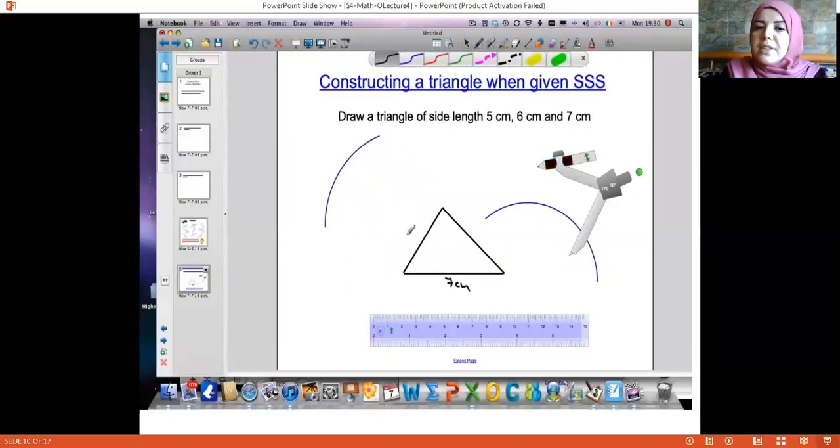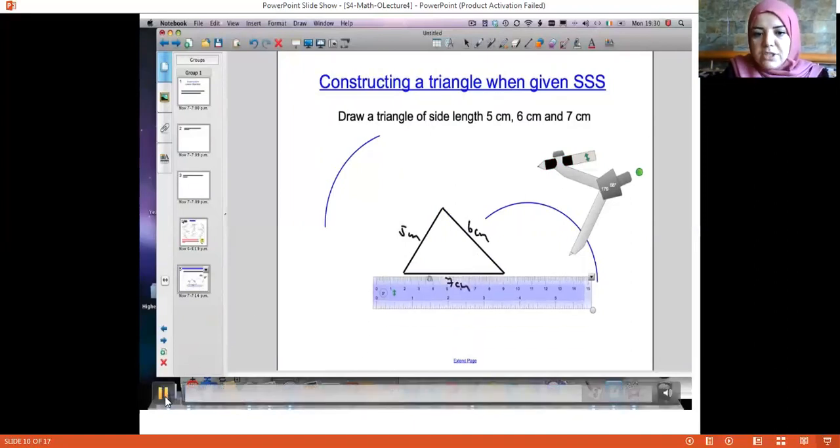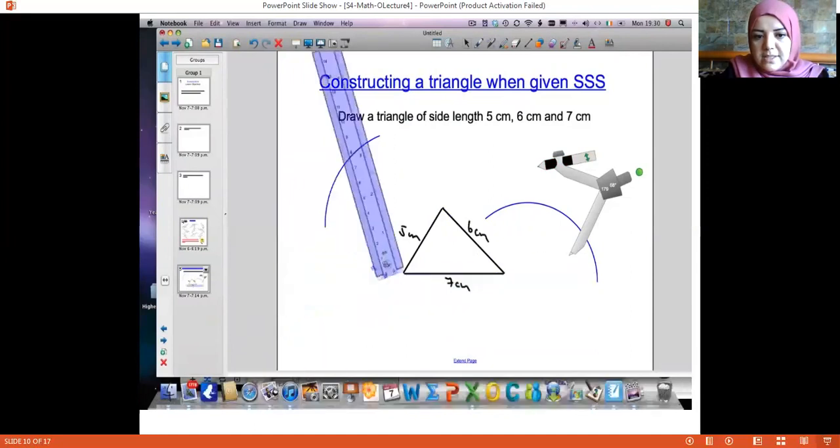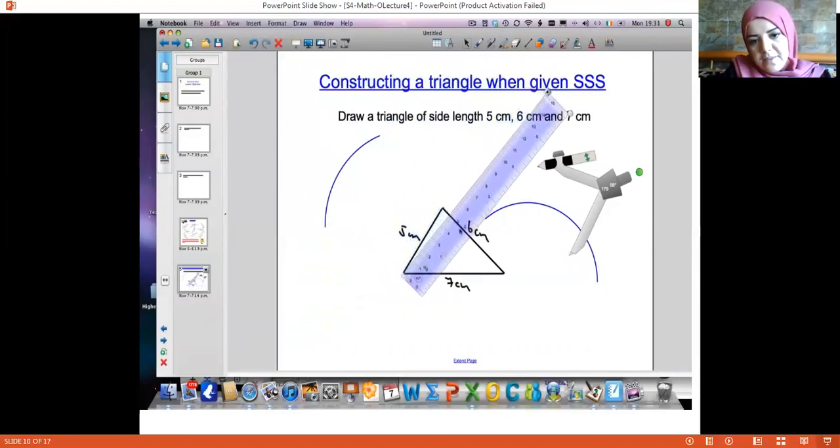Now, if you want to check that your answer is correct, this should be 5 and this should be 6. To make sure that your answer is correct, you can use the ruler and measure them. This should be 5 and this should be 6. And that's what they did, actually. They measured it. You can see them. This is 5.